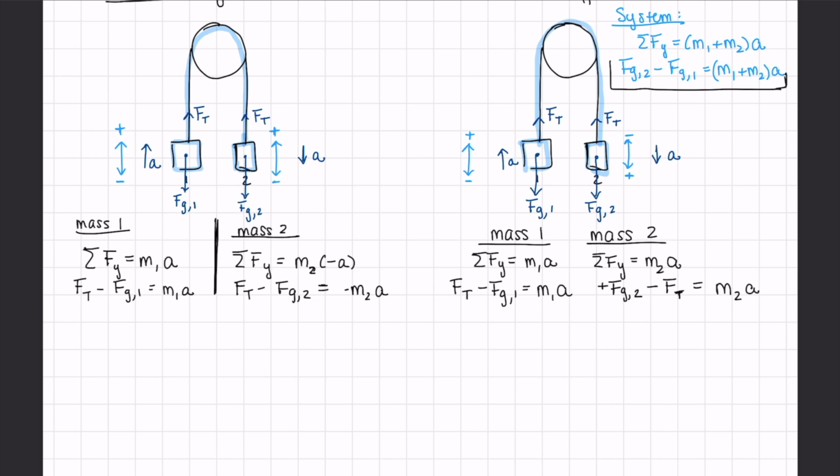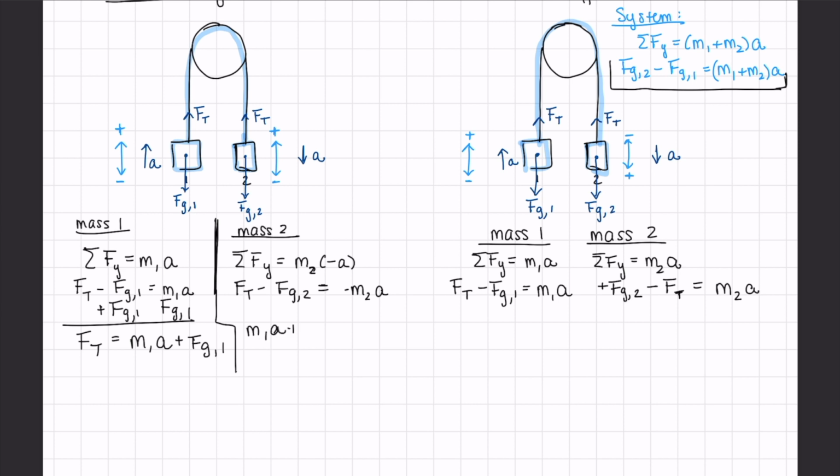I'm going to use the equation for mass 1 to get an expression for Ft. So we're going to add that Fg1 to both sides. We'll get Ft equals m1a plus Fg1, and then that is going to be substituted into the mass 2 equation for Ft.